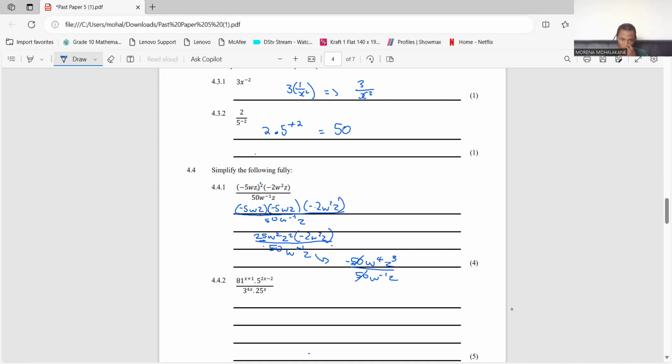The 50 cancels the 50, you have that negative remaining. The negative exponent on w changes sign to a positive 1. So your answer is negative w cubed times z squared.